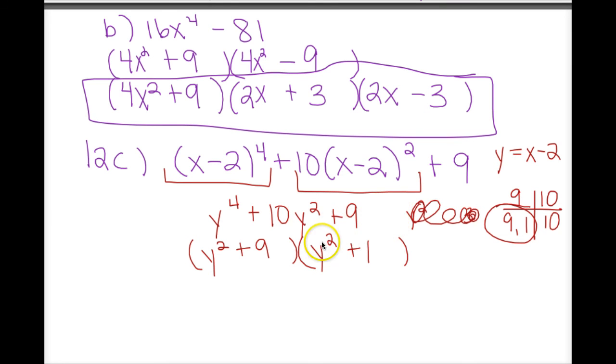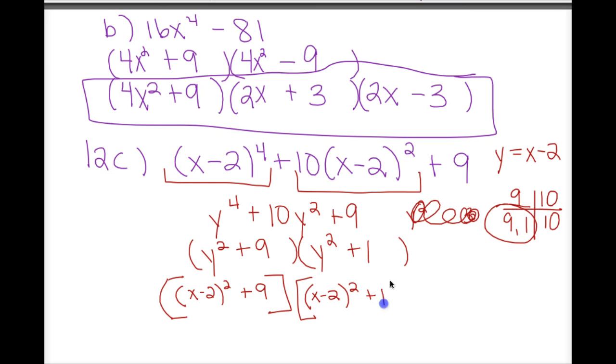But if you like this substitution idea, then you can go back and you can substitute again at the end. I'm probably going to use brackets here so I don't have double parentheses. So y was x minus 2. So this is x minus 2 squared plus 9. And this is x minus 2 squared plus 1.